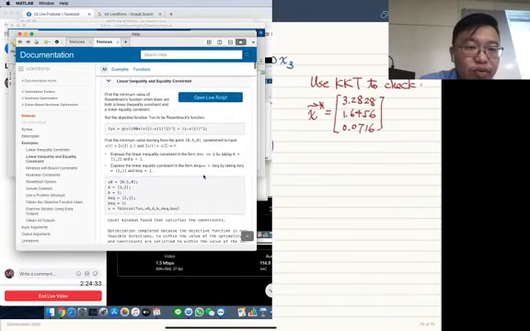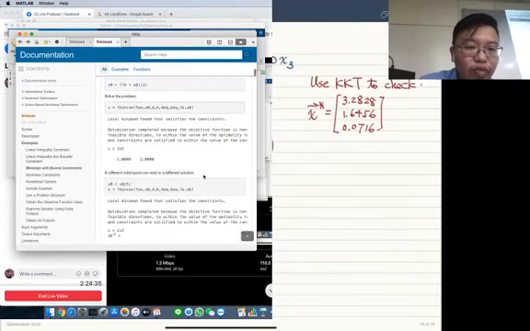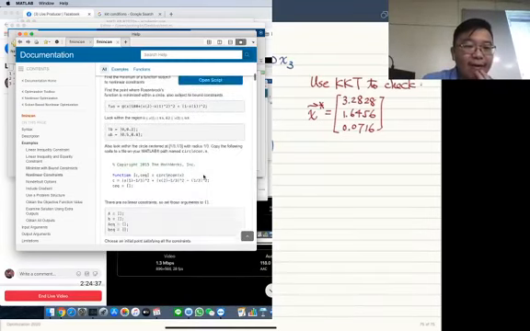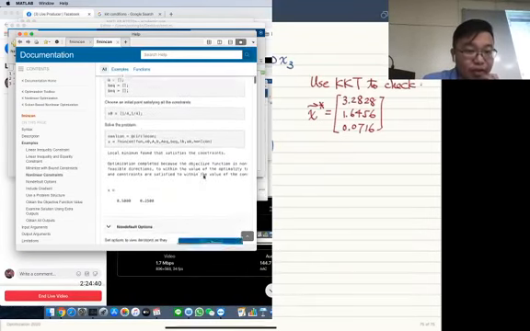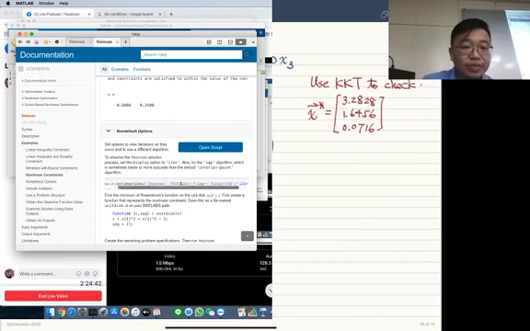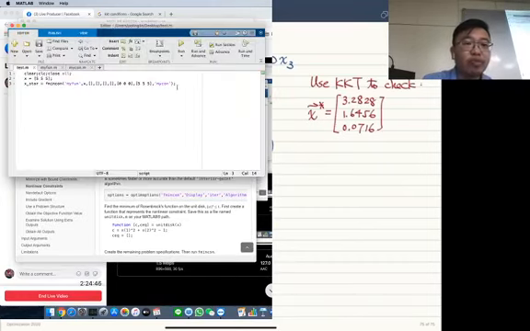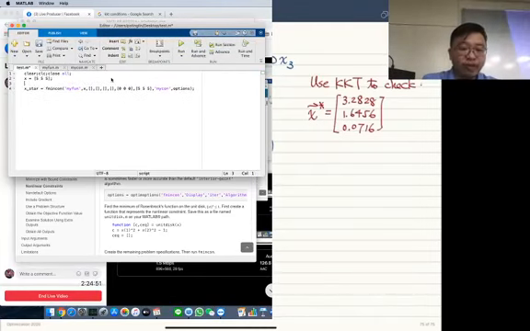Let me see how. It's called options. Here. You could have options for your iteration process over here. Options. And your options needs to be defined.